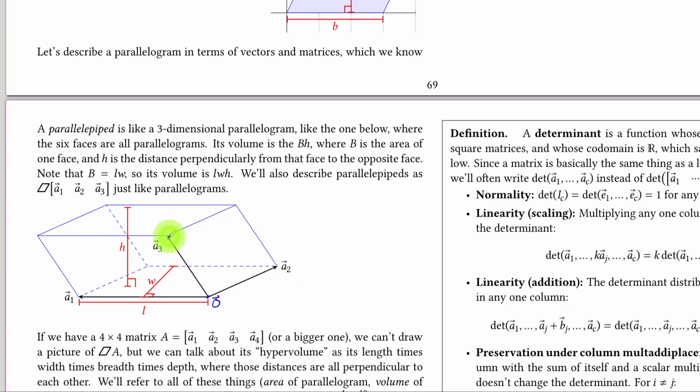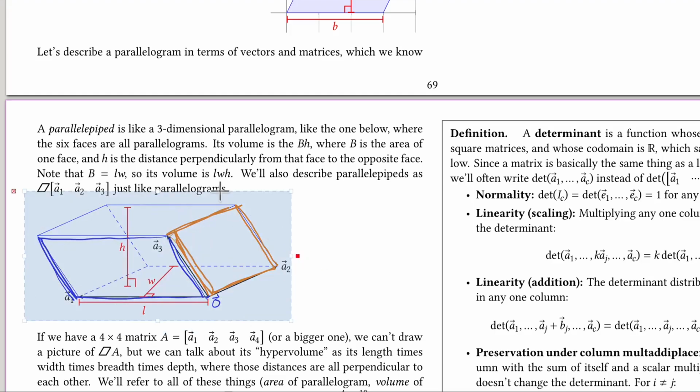And all of the faces, for example this face here in the front, is the parallelogram determined by A1 and A3. And this face over here is the parallelogram determined by A2 and A3. So all six of the faces are parallelograms like that.